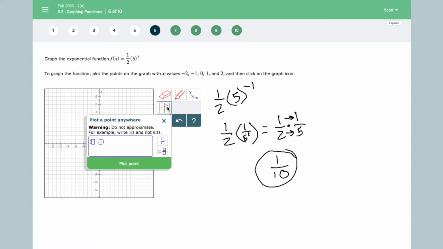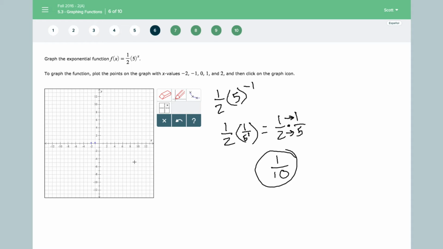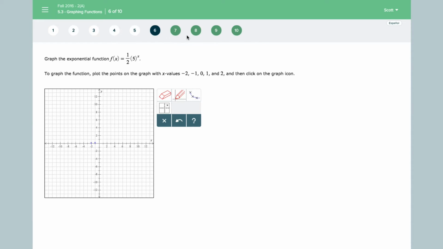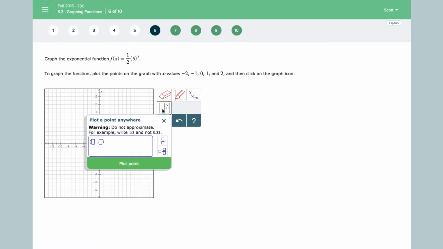So we're going to say, hey, when I plugged in negative 1, my answer was 1 over 10. Plotted the point. Now we go on to the next one. Anything to the 0 power is just 1, so 1/2 times 1 is just 1/2. So when I plug in a 0, I get 1/2.